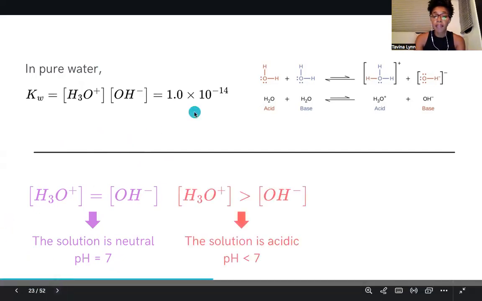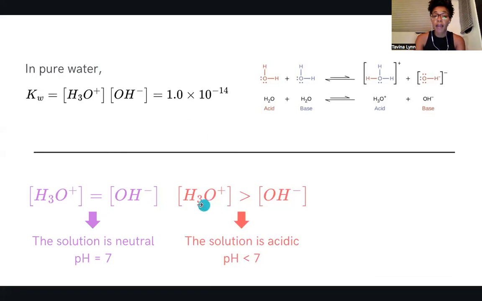Now, if we have a solution where we have more hydronium ions than hydroxide ions, this is an indication that the solution is acidic. And this means also that, at least at room temperature, the hydronium ion concentration is greater than 1 times 10 to the minus 7, because when it's neutral, that is what its concentration is.